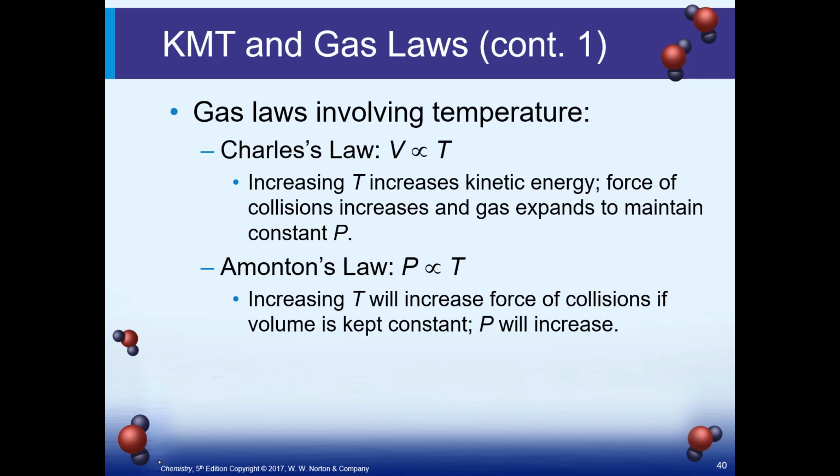Hamilton's law tells us that pressure is proportional to temperature. If we increase temperature, we're again going to increase the force of collisions. If we're keeping volume constant, then pressure is going to increase. So if we increase temperature, we've got to increase either volume or pressure. We can't keep both of them constant.